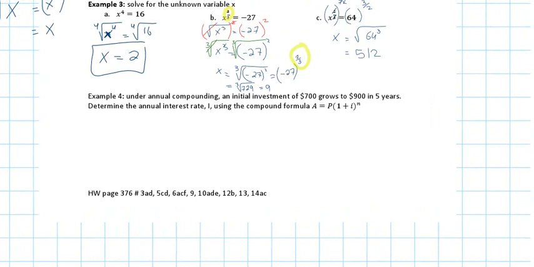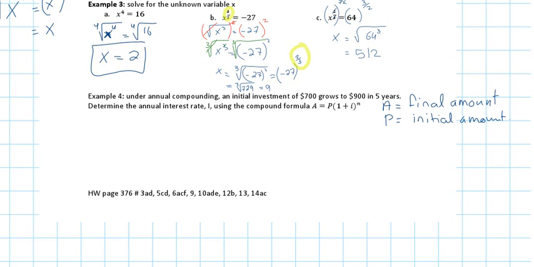A represents the amount that you're going to end up with, so A is your final amount, and P is the principal, or the initial amount, sorry, which is the same thing. So how much you invest initially, okay?